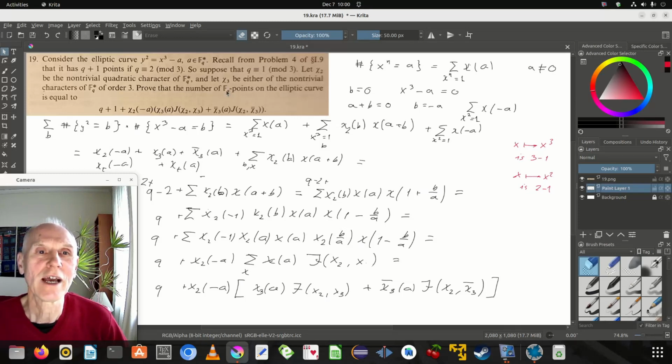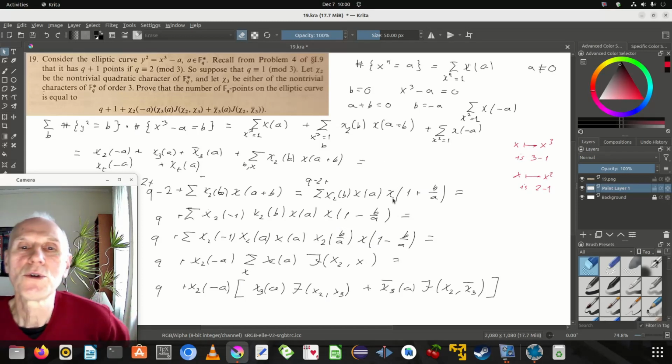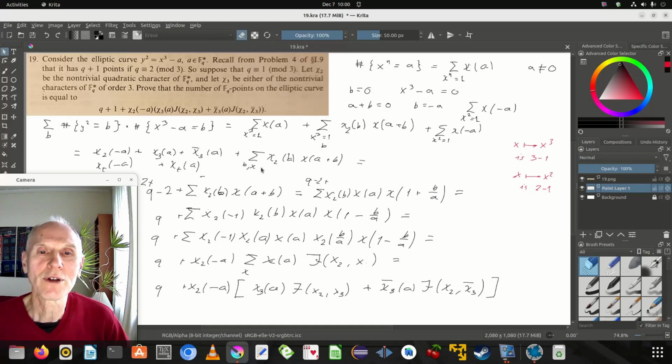So we had to add the point at infinity, which is 0.1.0. That was problem 19. So conclusion here, I forgot the trivial character, and then when I remembered it, I didn't handle it with sufficient care.